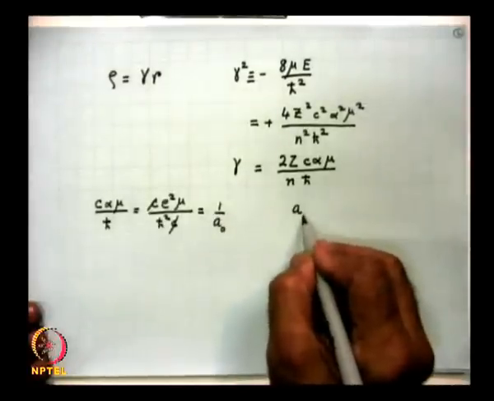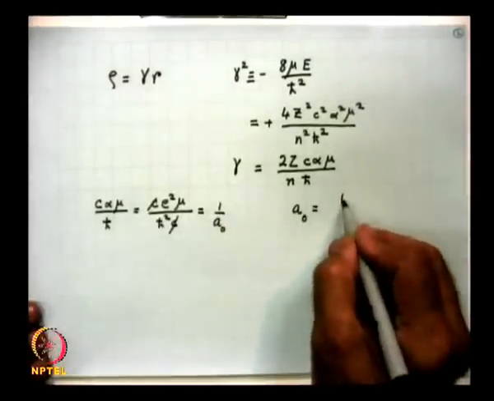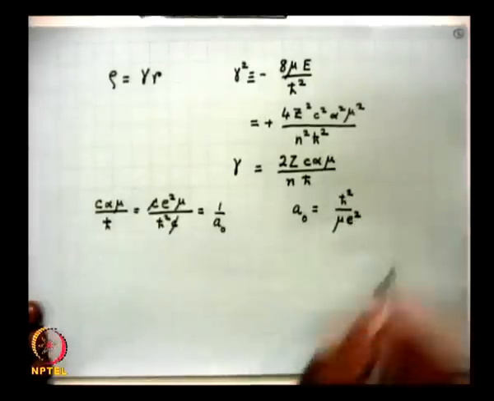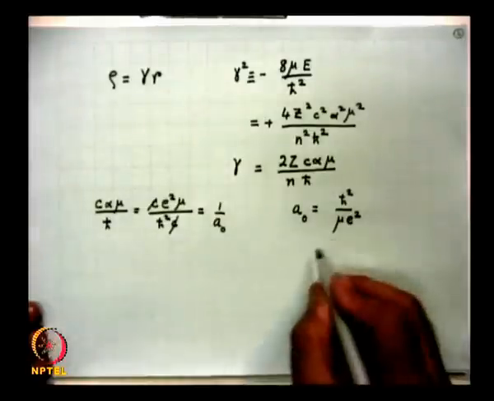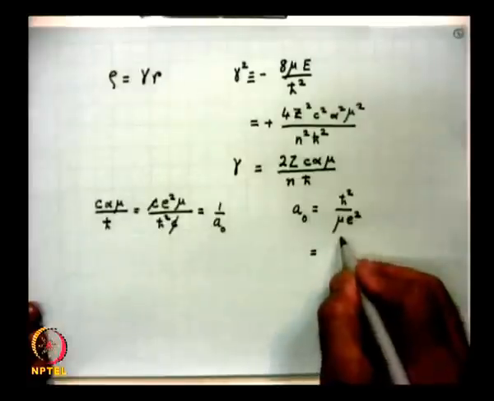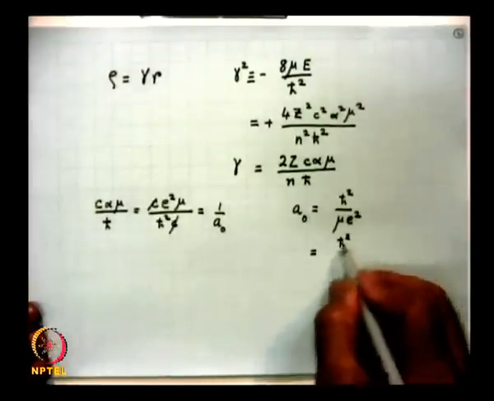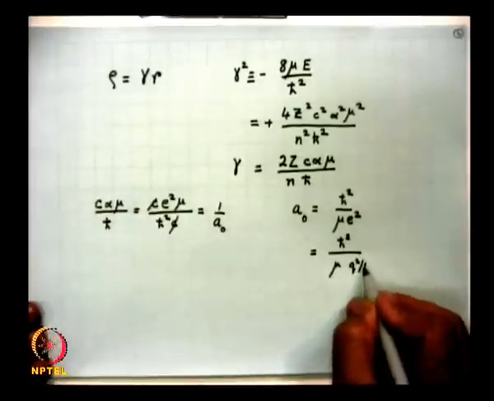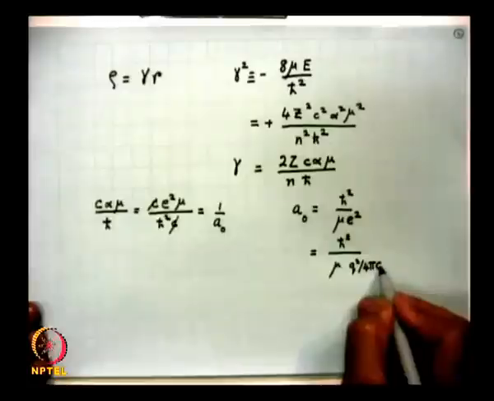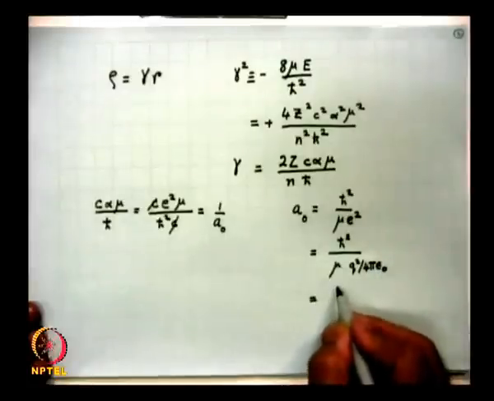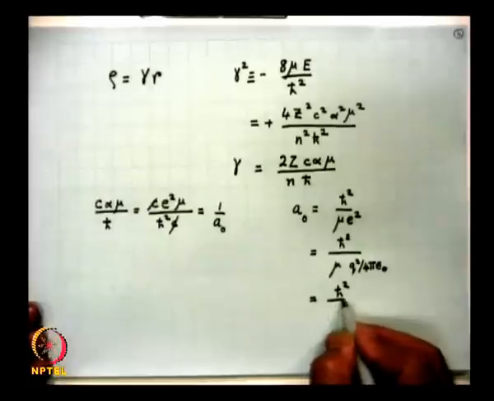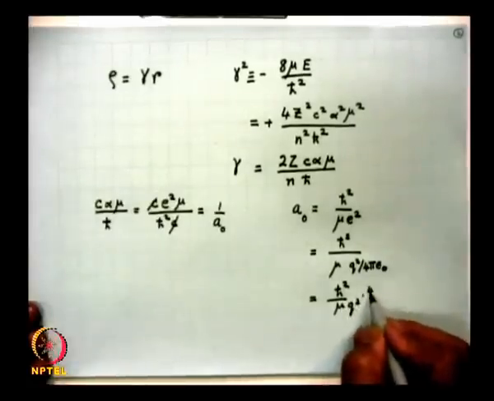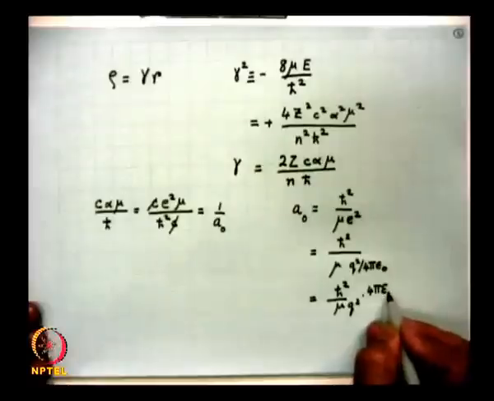So, the Bohr radius is defined as h cross square by m e square in the CGS system of units. In the MKS units it will be h cross square by mu q square by 4 pi epsilon naught, that is, h cross square by mu q square, and in the numerator 4 pi epsilon naught.